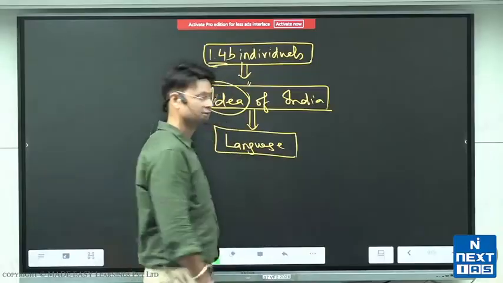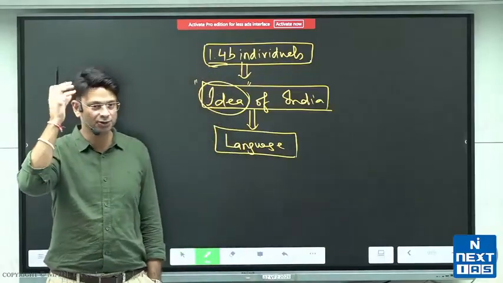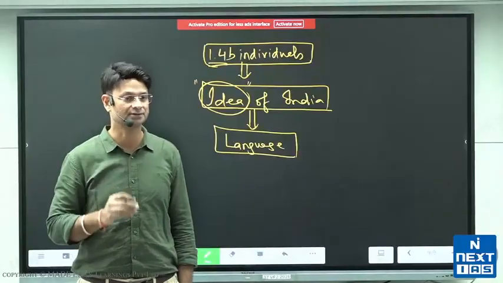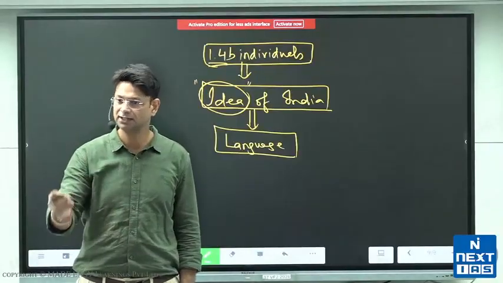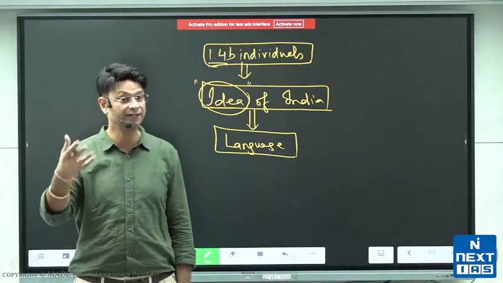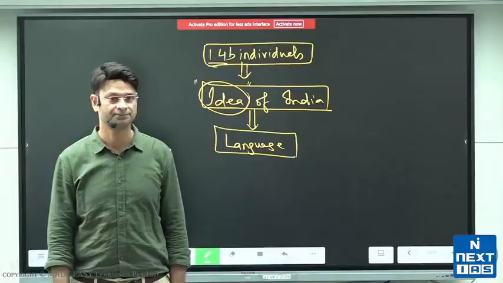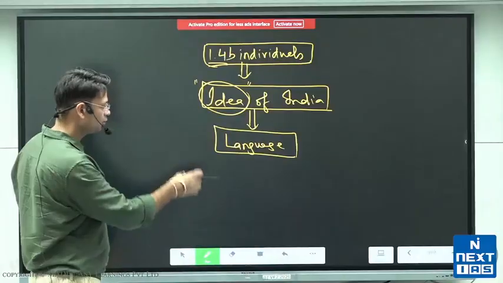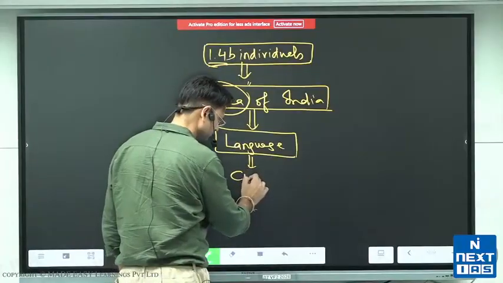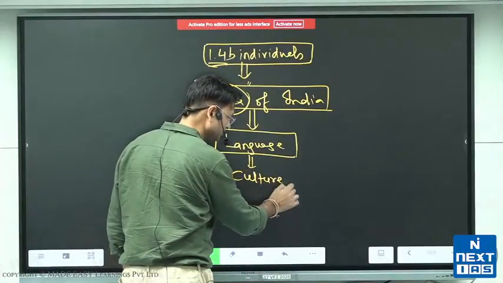Isn't it? Language is responsible for those mental constructions that you hold about everything. Caste, religion, everything. You feel, you think, you believe through language. Right? That is the most essential attribute of culture. We say Indian culture.